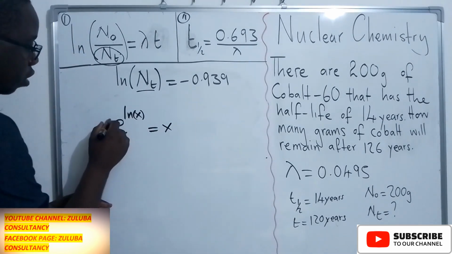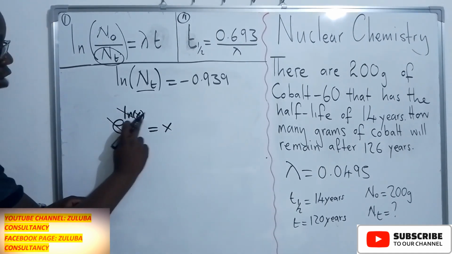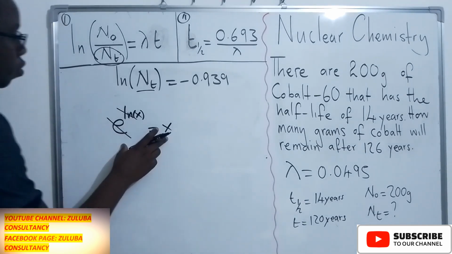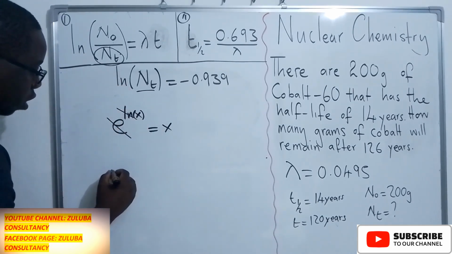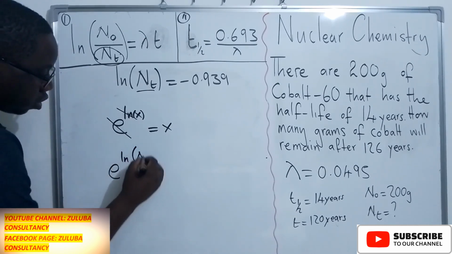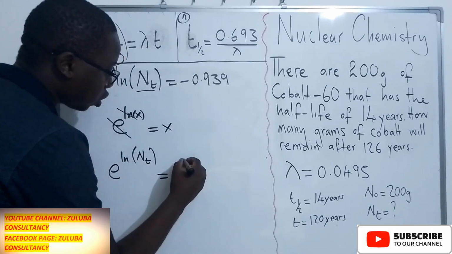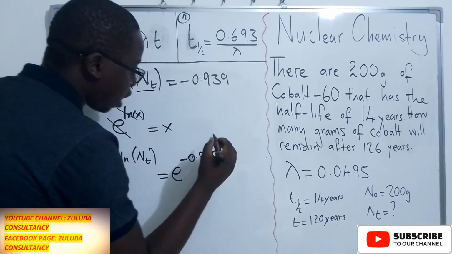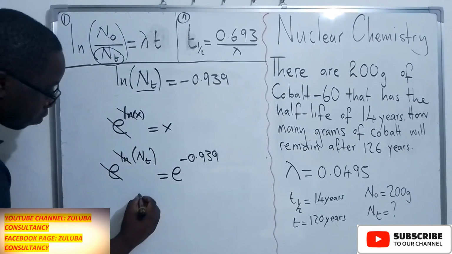This simply tells us that the exponential function and the natural log cancel out so that x becomes equal to x. So if we use this rule, the exponential function of the natural log of N_t will be equal to the exponential function of -0.939. So the natural log and the exponential function will cancel.